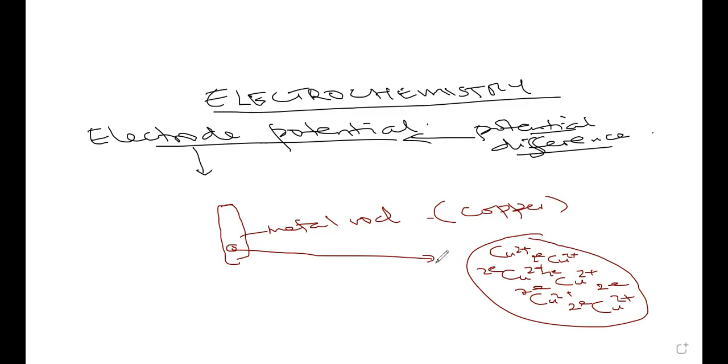It has metal ions and a cloud or a sea. People call it a sea of delocalized electrons.